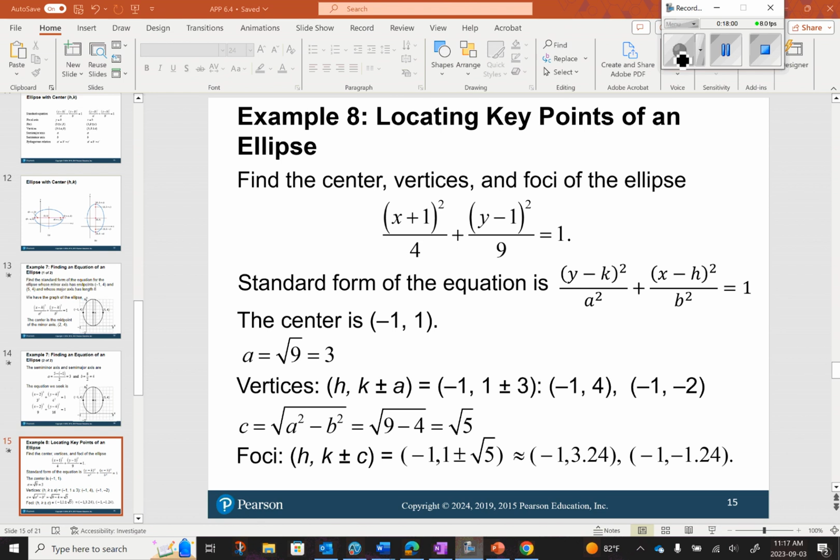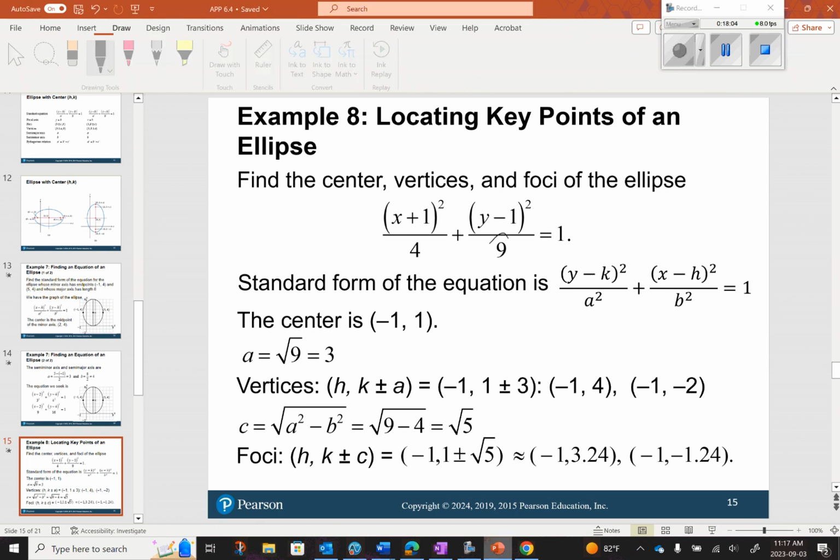the thing to keep in mind here, you should notice almost immediately, is the fact that, yes, we have a larger denominator under the y variable. So in this case, we're saying that 9 is a squared, which means a is 3.